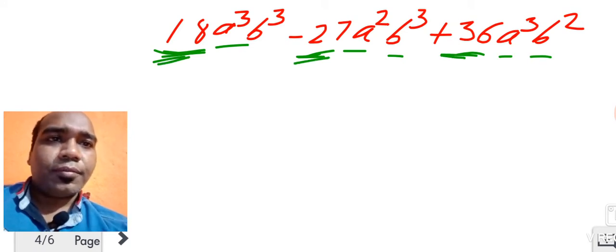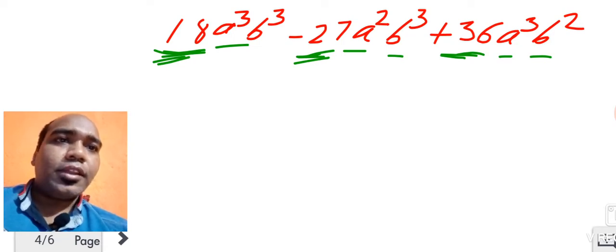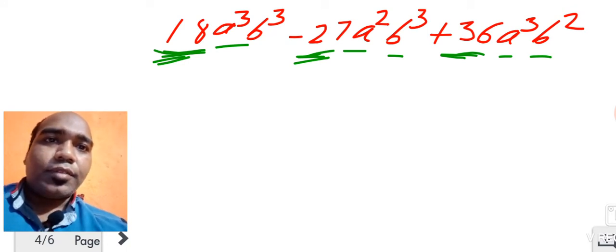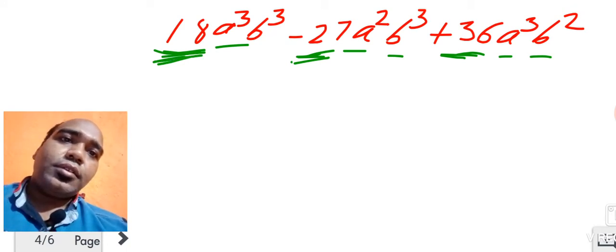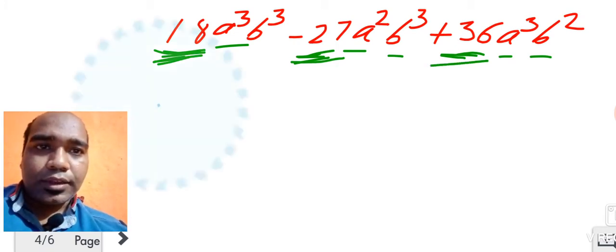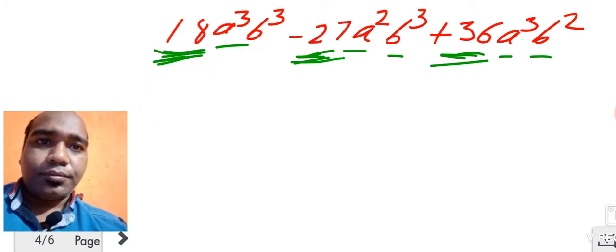Which number is there? 3 is there. Then any larger number than 3? 9 is there. In the table of 9 we get 18, then 27 also and 36 also. So 9 we will take common.